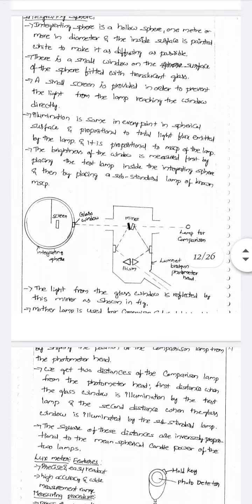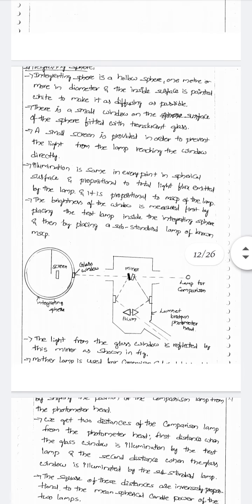Next, the integrating sphere. The integrating sphere is a hollow sphere, large in diameter, and the inside surface is coated to make it as diffusing as possible. There is a small window on the surface fitted with translucent glass.